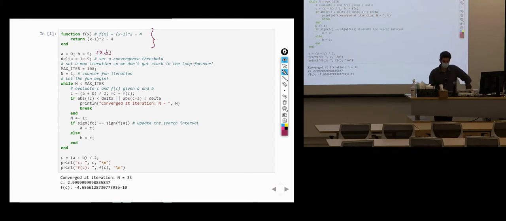So I give a and b to my code. I need to set a convergence threshold. We'll see why. I call it delta here. You could call it anything else. My numerical 0 here is 1 times 10 to the power of minus 9.